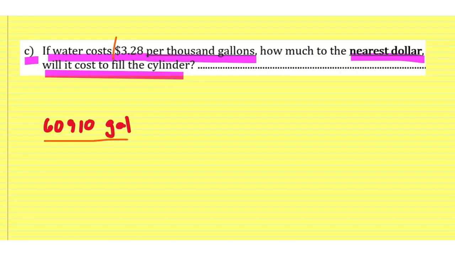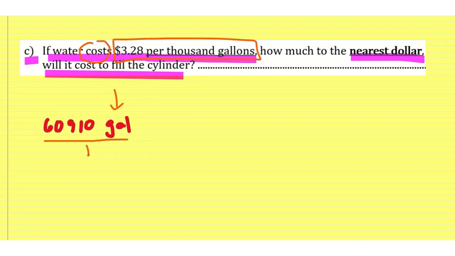The cost per 1,000 is $3.28. So this part right here is another ratio that they have given us: $3.28 per 1,000 gallons. Well, again, I've got units of gallons here, but I want a cost as my final answer.